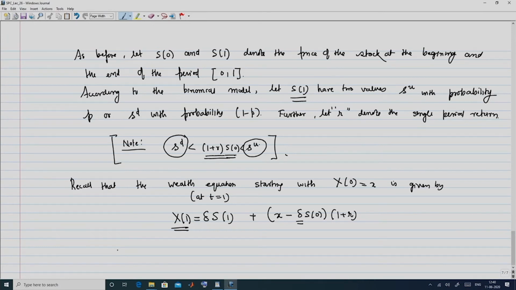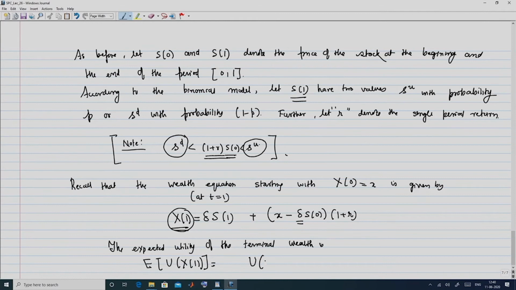So since x of 1 is the wealth at the terminal point t equal to 1, the expected utility of the terminal wealth is going to be the expected utility of x of 1. x of 1 can take two values, namely xu and xd.